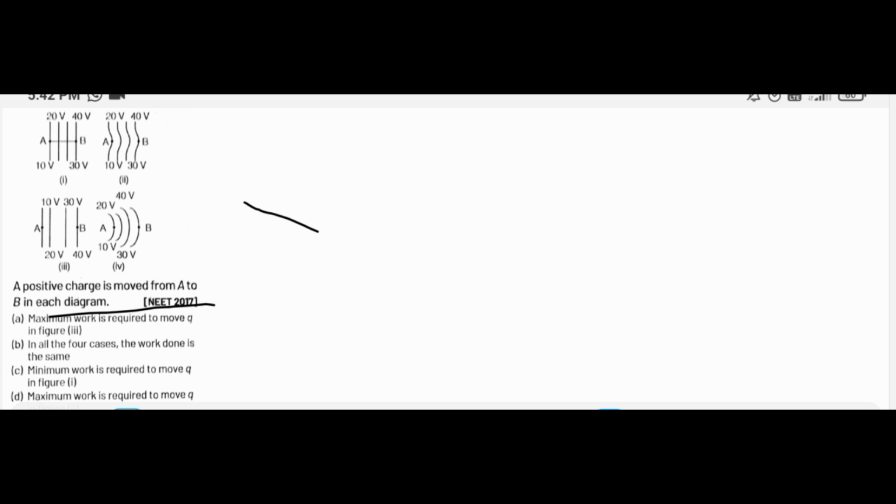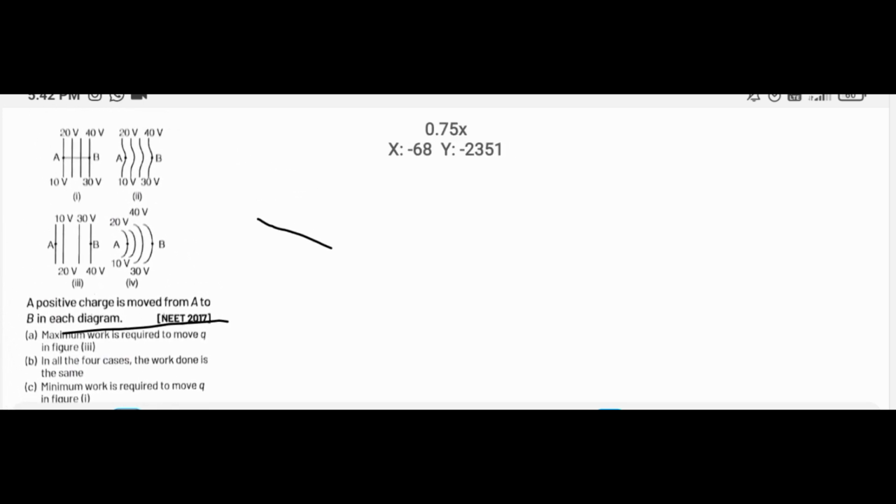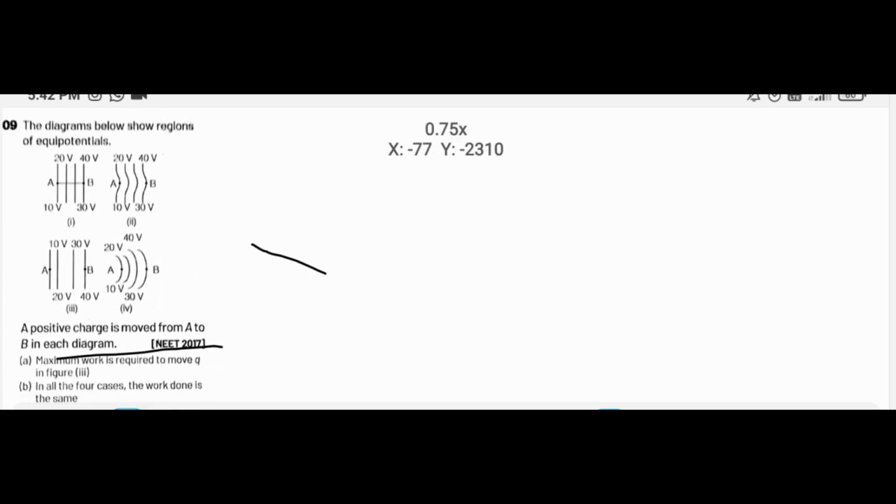They have given options, that is, potential is maximum. Maximum work is required to move a charge Q in figure 3, and in all the figures work done is same, and minimum work is required to move Q in figure 1, maximum work is required to move Q in figure 2. They are talking about the work done.